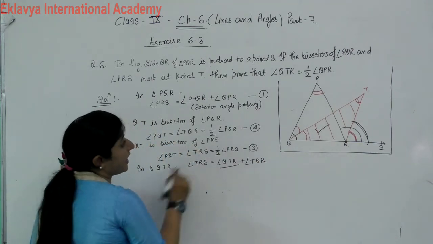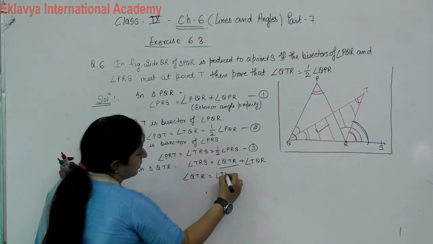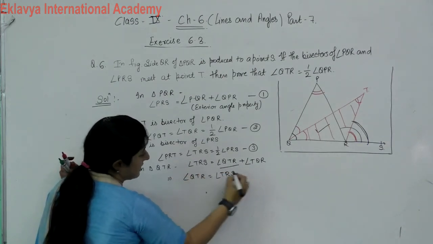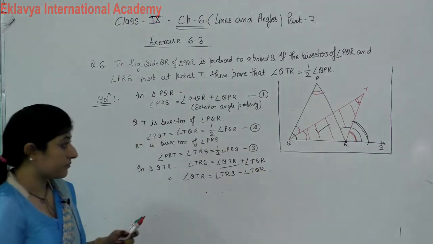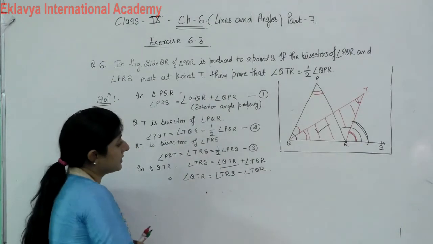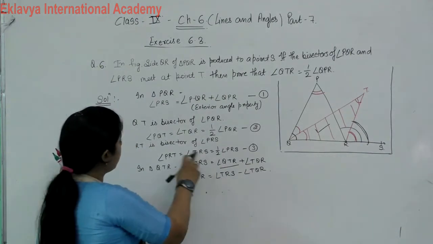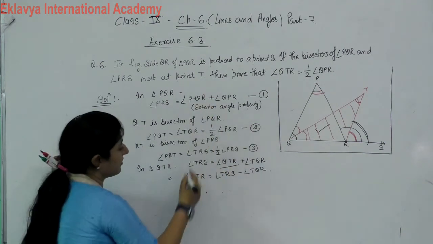We need the value of QTR, then we can write down QTR is equal to TRS minus TQR. Now see, put the value of TRS from equation third and TQR from equation second.